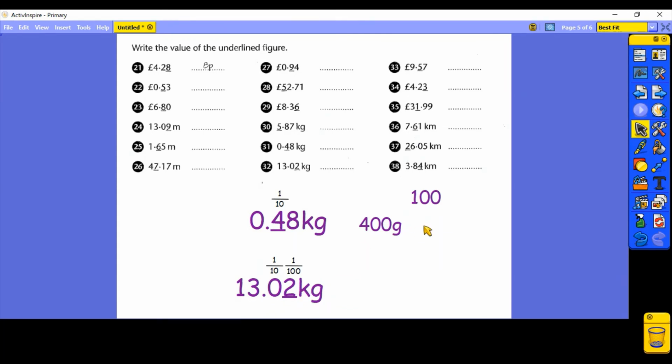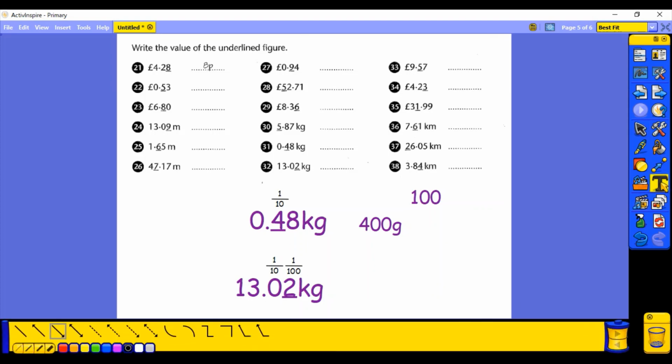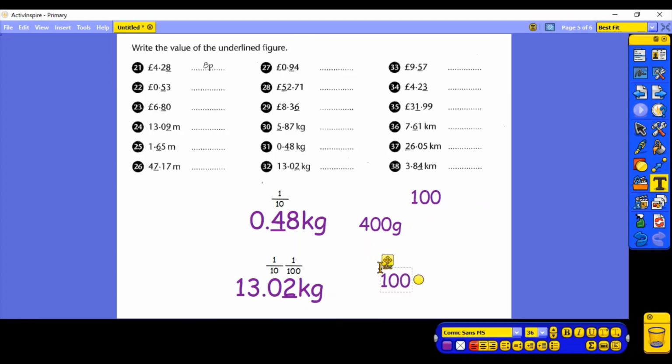So a hundredth of a kilogram, remember we've got 1,000 grams in a kilogram. We divided by 10 to get to 100. But if we divide 1,000 by 100, so it's another space again, another move along the place value chart, what would it be? So it would be 10 times smaller than the answer we had up there.